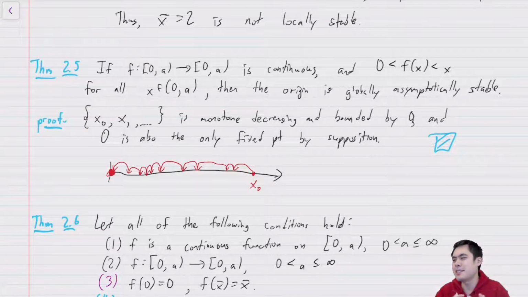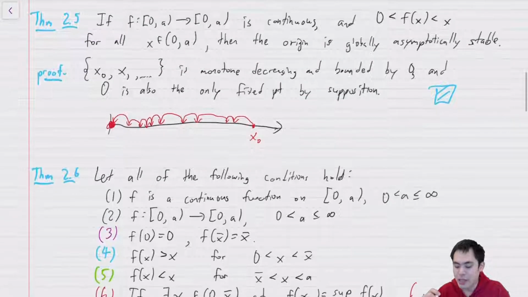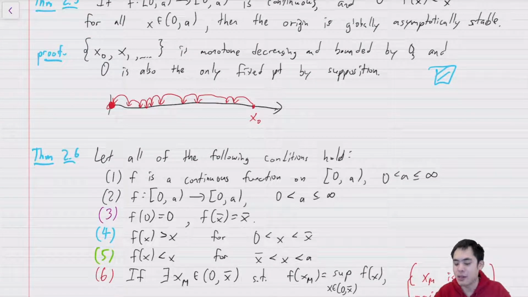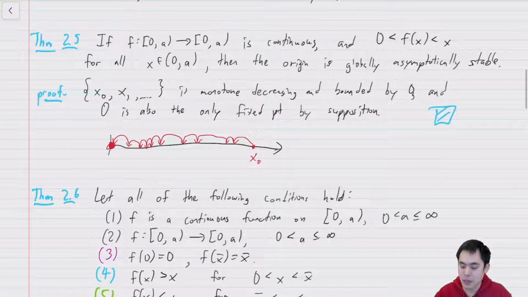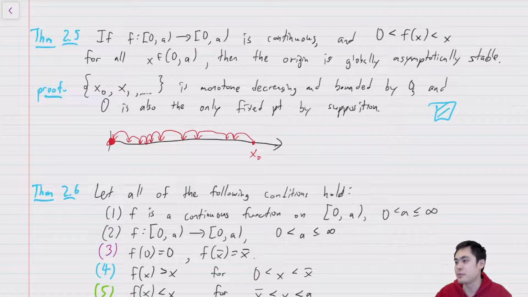Okay, so that's not a super interesting example, but basically if your function always gets smaller, then you can show that your 0 fixed point is also globally asymptotically stable, because everything eventually makes it there. And this does require continuity, of course. You could imagine scenarios without continuity where this isn't necessarily the case.